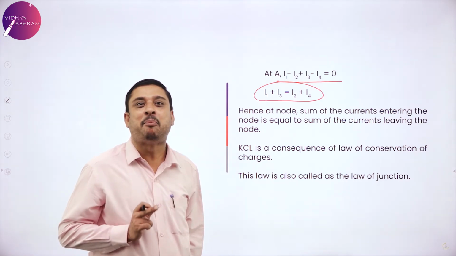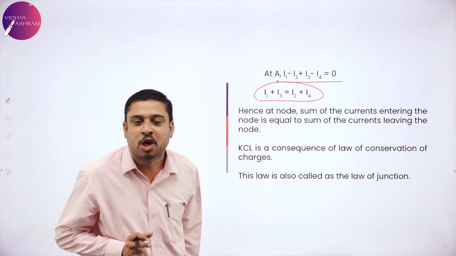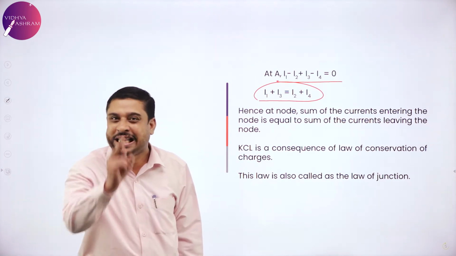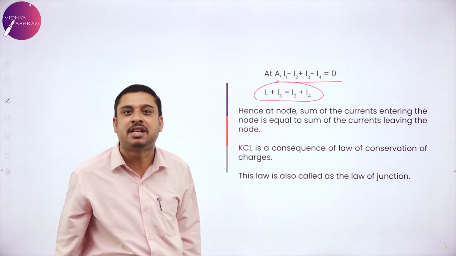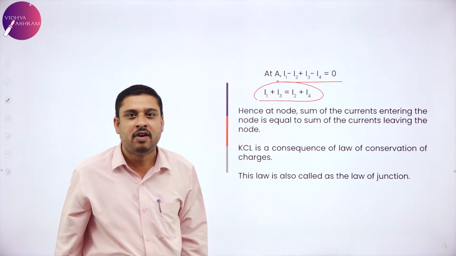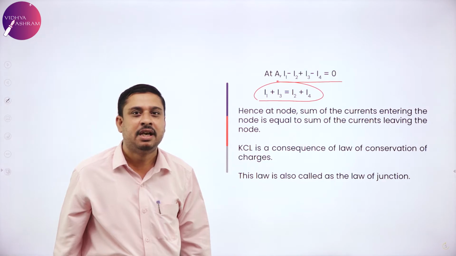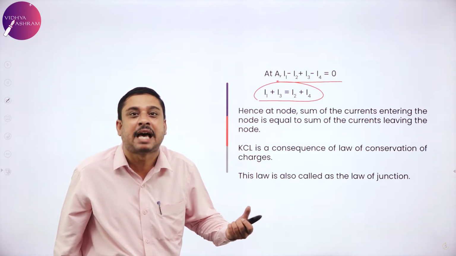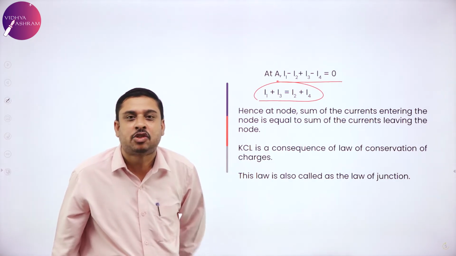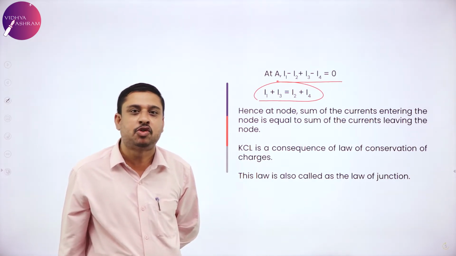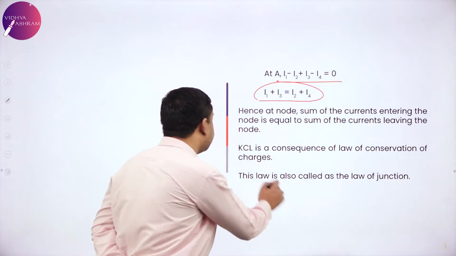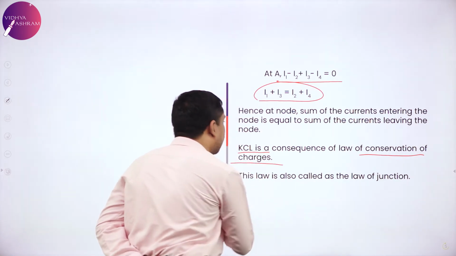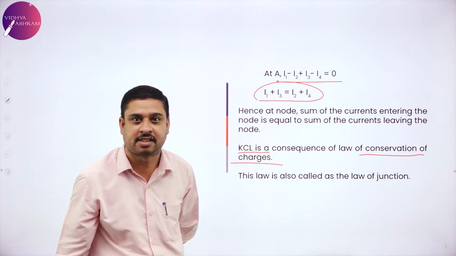Sum of the positive currents should always be equal to sum of the negative currents at a node. So we have understood, students, at a node, the algebraic sum of currents is always equal to 0. And this KCL is a consequence of conservation of charges.